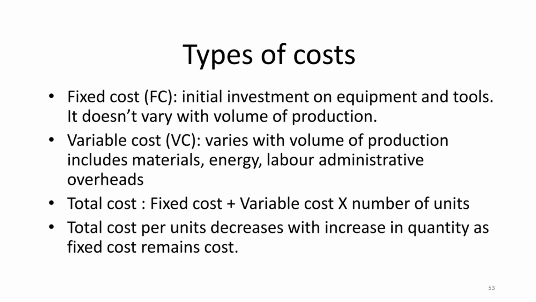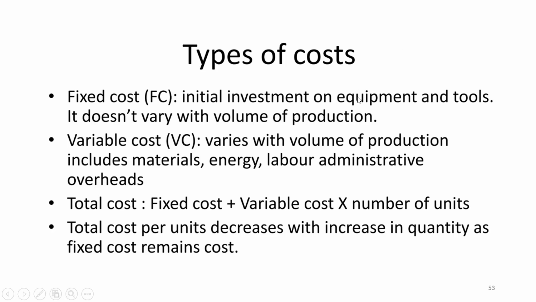And these are the various types of cost. First is fixed cost, which is the initial investment on equipment and tools, and it doesn't vary with volume or production. Next is variable cost, which varies with volume and production and includes materials, energy, labor, administrative overheads.